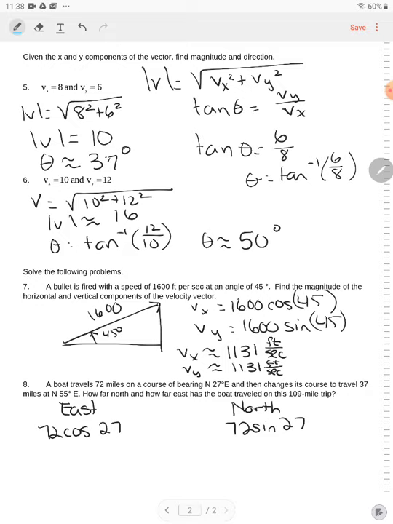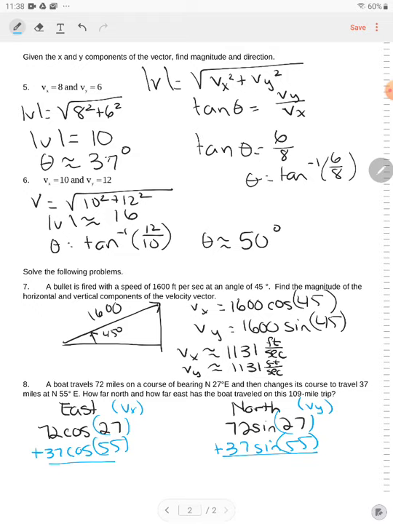And then it's going to travel 37 miles, so 37 cosine 55, and this will be 37 sine of 55. So what we want to do is do these values on the calculator. Basically, we're working Vx here and Vy, and then V is equal to the square root of Vx squared plus Vy squared.